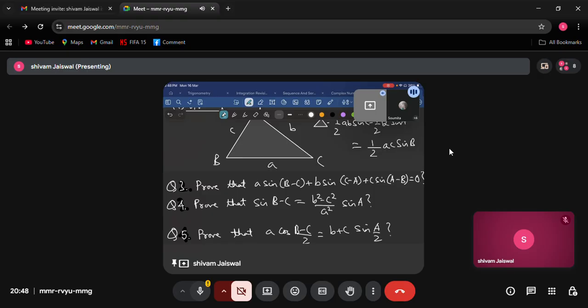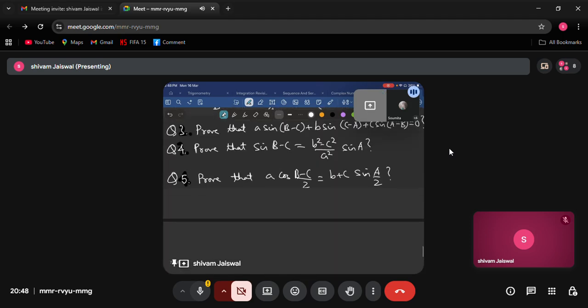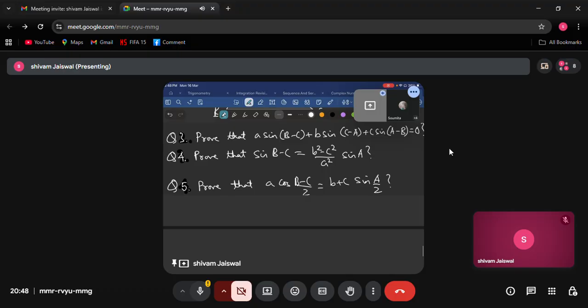Okay. So I think only Raktim and Shamita are left for number 3. So Raktim and Shamita, pay attention. Just use the formulas, if you remember the trigonometric ratio formulas.